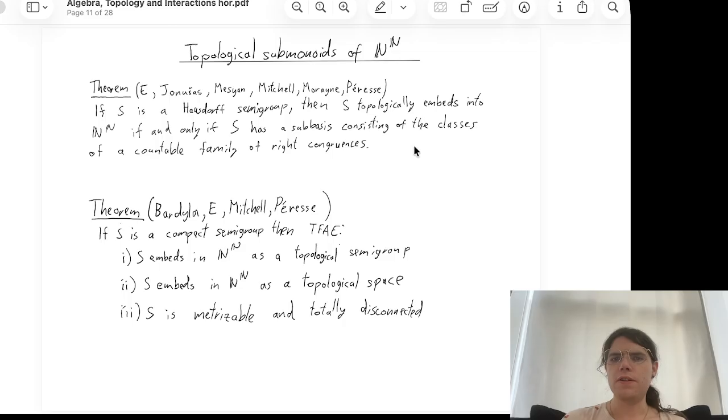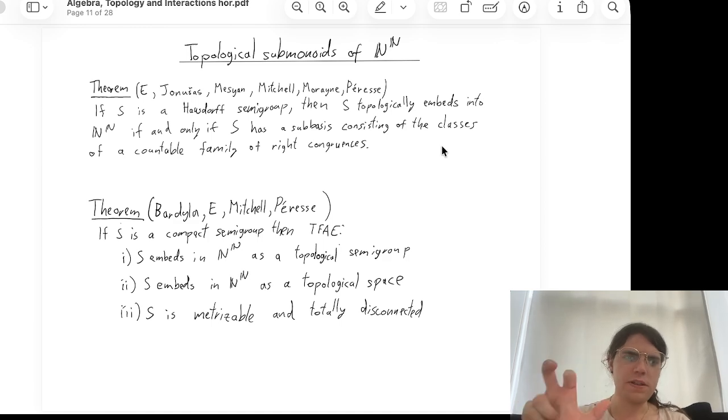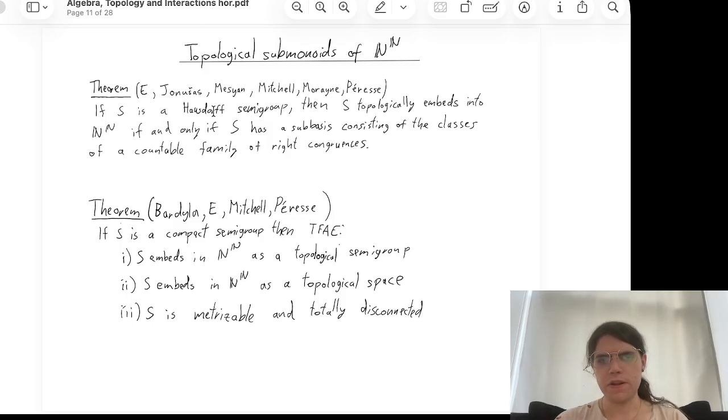So the submonoids of the topological semigroups which embed into N^N are precisely those which are based using right congruence classes, and only countably many of those. This is slightly misstated.